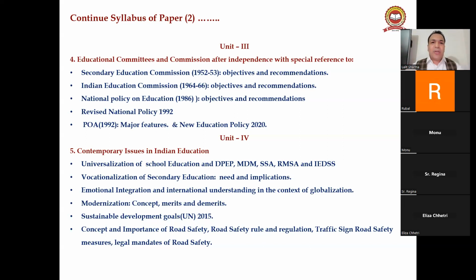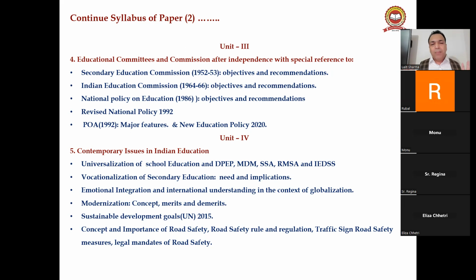Second is the Indian Education Commission, 1964-66. The chairperson who gave this commission was Dr. Kothari, K.S. Kothari, I think. We will study in detail in the PPT. Sometimes it is written Indian Education Commission 64-66, and sometimes a question comes in the paper: write the recommendations of the Kothari Commission.